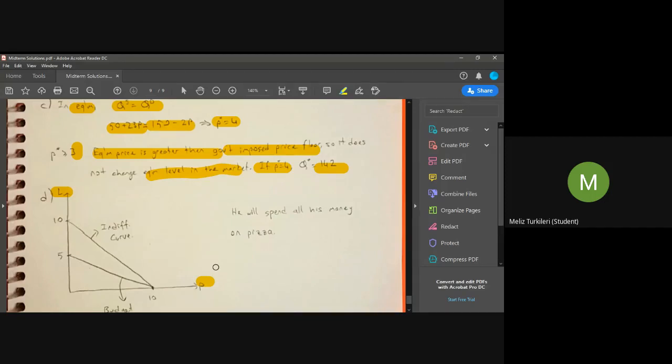Then we can understand that these goods are perfect substitutes. Therefore, we need to draw this indifference curve as a straight line. We understand this from the part that Leonardo is indifferent between lahmacun and pizza. Okay? Therefore, this should be a straight line.